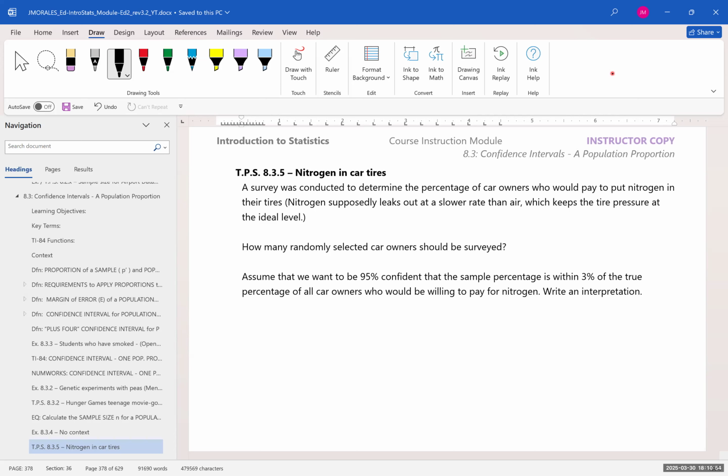Okay, so let's look at our given information here. We have a 95% confidence level, which means we're going to have a significance level of 0.05 and a significance level divided by 2 of 0.025.